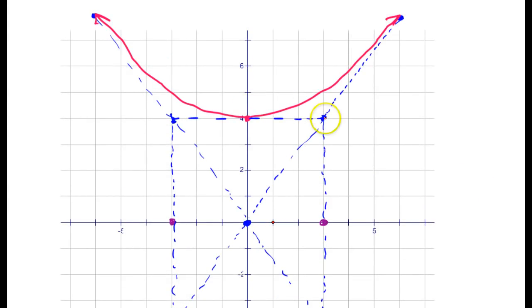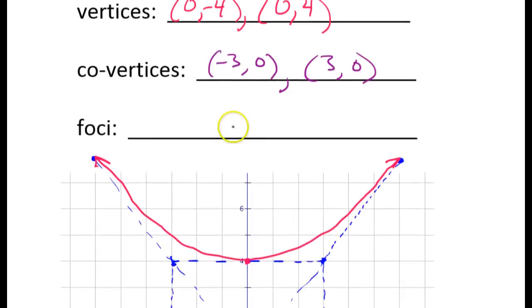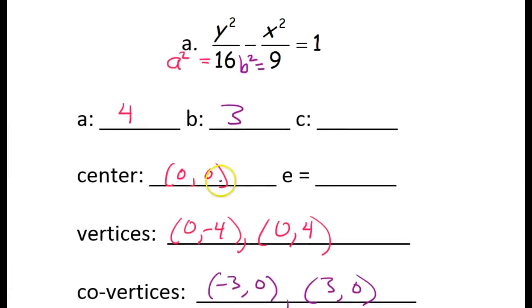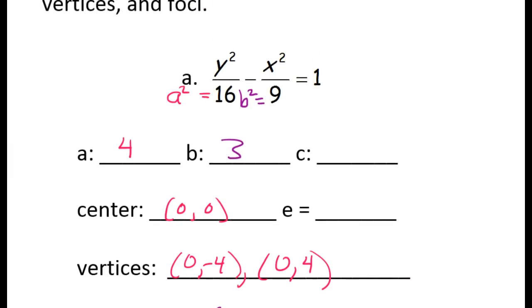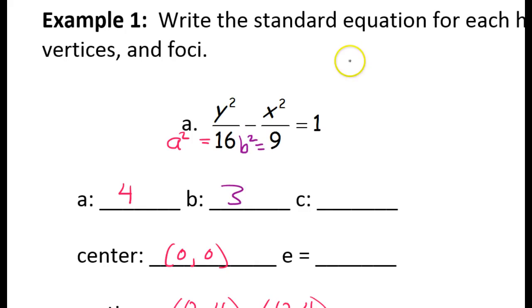But now we need the foci, which will be somewhere in the interior of each branch. To get the foci, we're going to need the C value. So remember the equation relating A, B, and C. For hyperbolas, that equation becomes C squared is equal to A squared plus B squared.